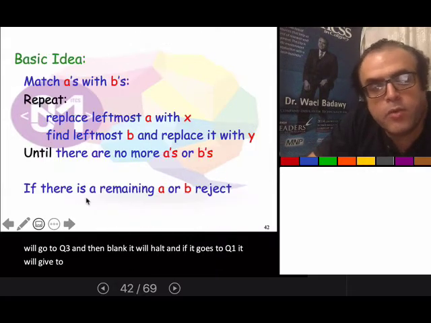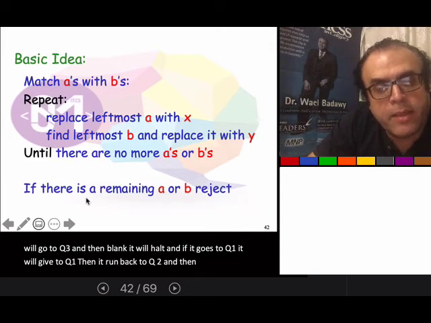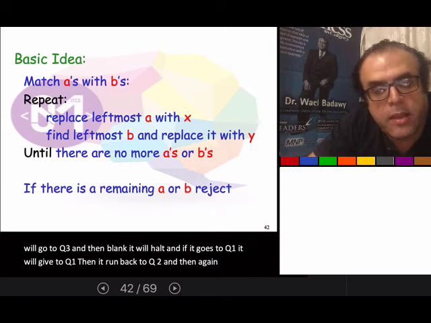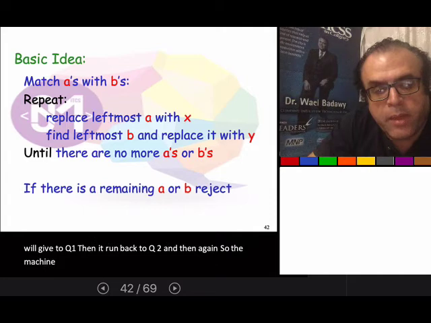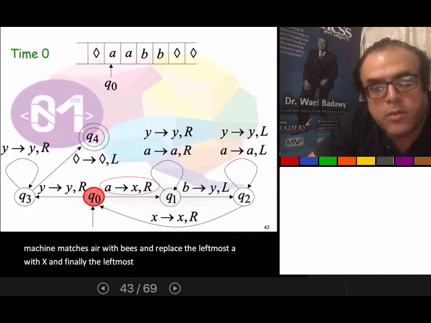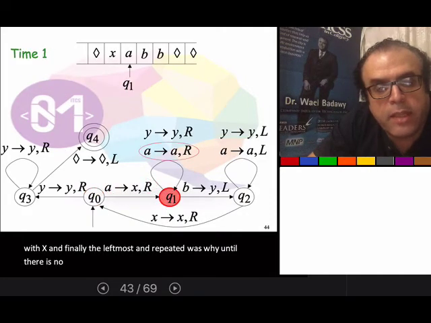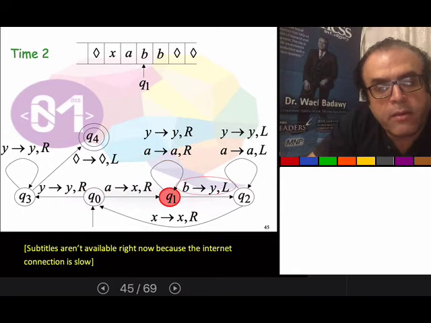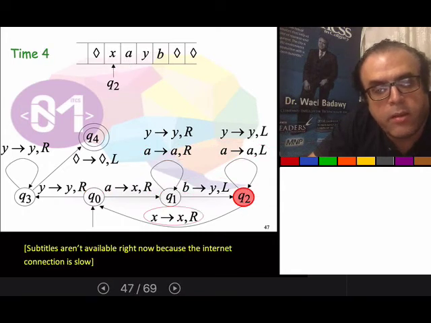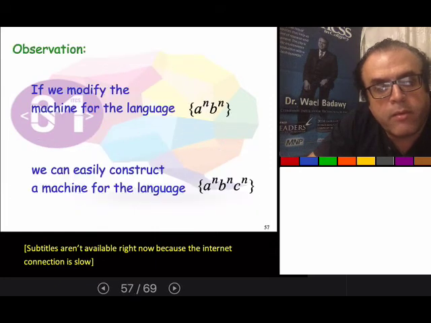The machine matches A with B, and it replaces the leftmost A with X, and finally the leftmost B with Y, until there are no more A's and B's. If there is no remaining A and B, it rejects. So here is the example. At time 0, we stand here, we keep moving, and then it keeps going.